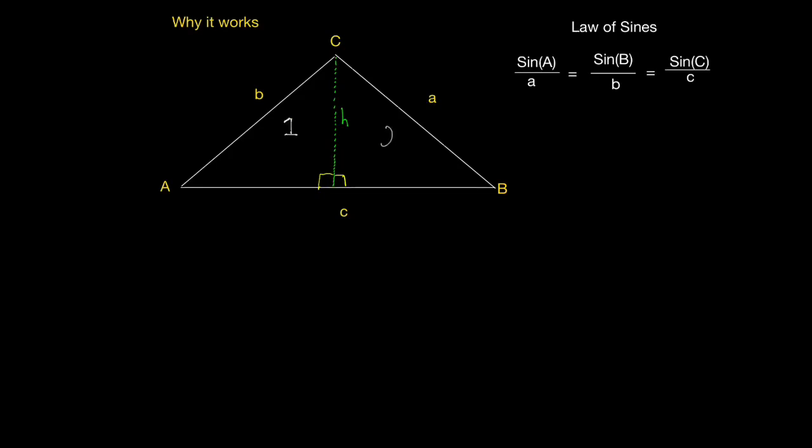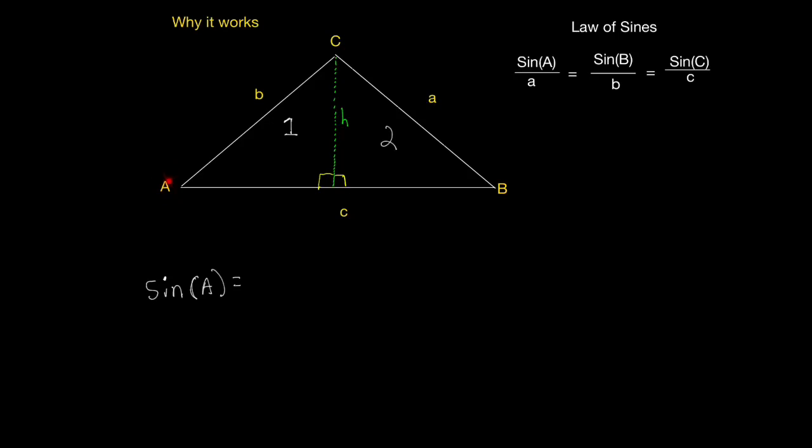I'm going to focus all of my attention onto triangle 1. So notice here, for triangle 1, let's say I wanted to take the sine of angle A. By definition, sine is the ratio of opposite over hypotenuse.